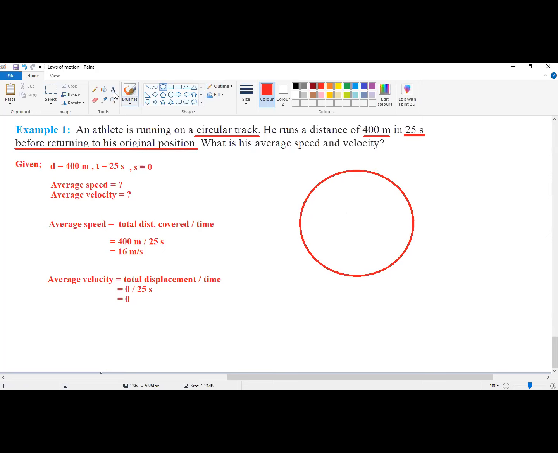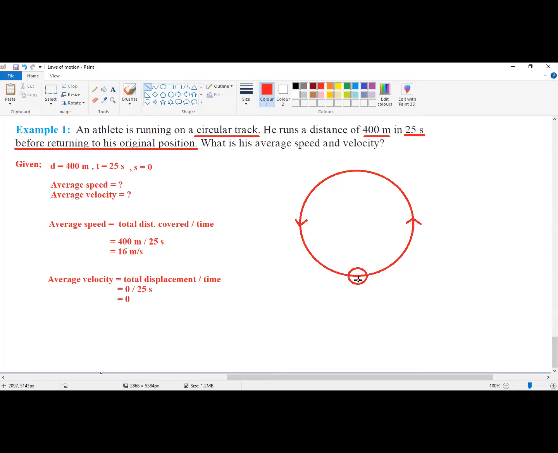Suppose that the athlete starts from somewhere here, and that circular track is about 400 meters. The athlete starts from here in any possible direction. Suppose he moves along this direction, he again comes back to his original position.